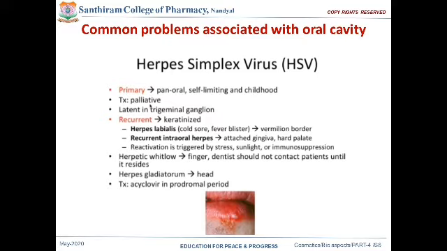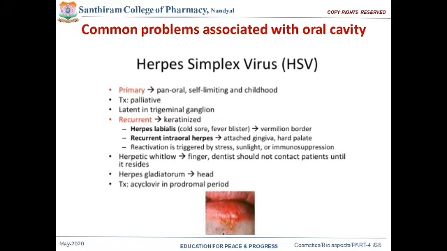So we actually have many different manifestations. One of the most common is herpes labialis, which can also be called recurrent extraoral herpes, commonly called a cold sore or fever blister. This classically appears on the vermilion border between the skin of the face and the skin of the lip.